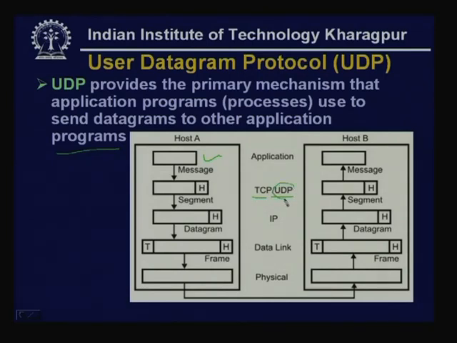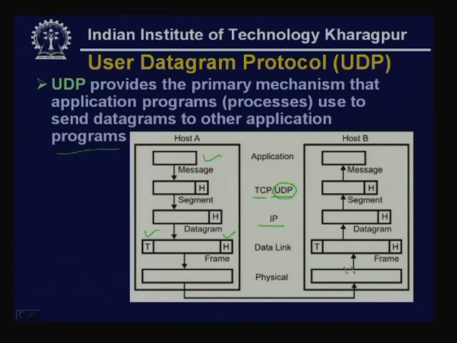In this particular case we are considering UDP, and UDP puts a header, and that segment is sent to the IP layer, and the IP layer converts it into a datagram by adding a header, and that datagram goes to the data link layer, which makes a frame by putting a separate header and a trailer, and that frame is transmitted bit by bit through the physical layer.